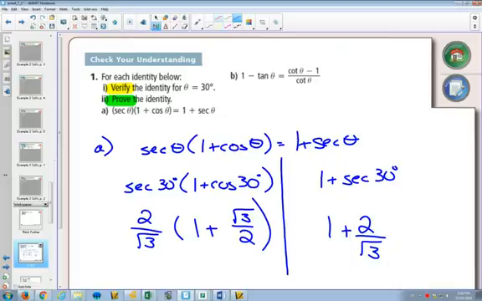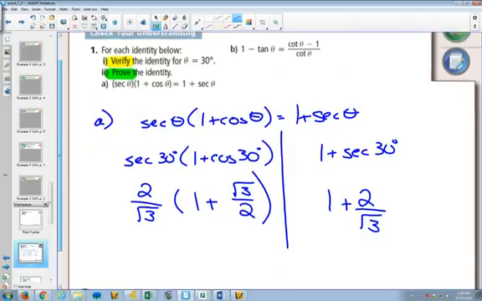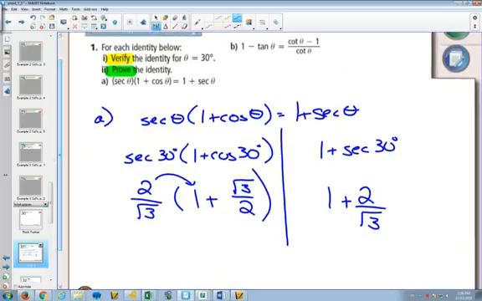Now what we need to do is make both of these look the same. So we need to either change the left side or the right side so that they're identical. What can we do here? Does it make sense that you could distribute this to get rid of the brackets? And 2 over root 3 times 1 would be 2 over root 3.